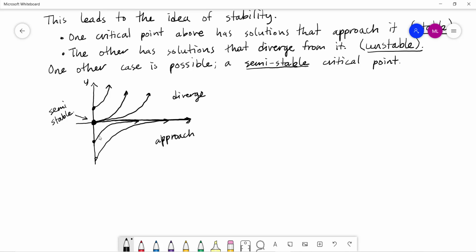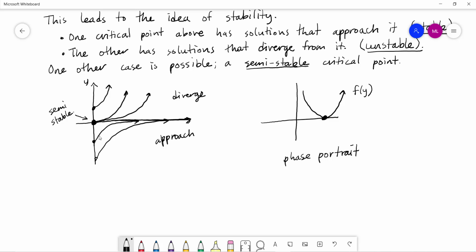But notice, in both cases, the slopes above this point are positive. The slopes below this point are positive. This is exactly an example of a situation where, if this is our critical point, and this is our phase portrait or phase diagram, we have a case where our function, f of y, is positive, goes down to 0, and then goes back to being positive.